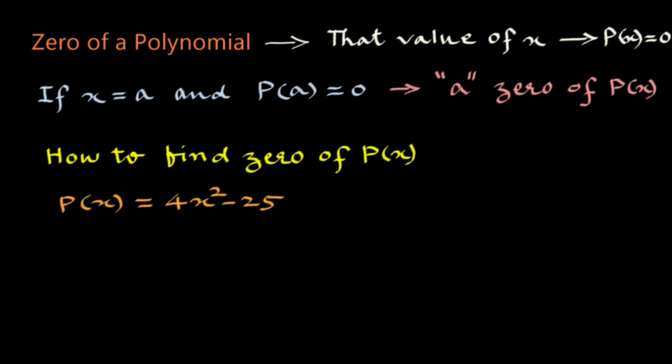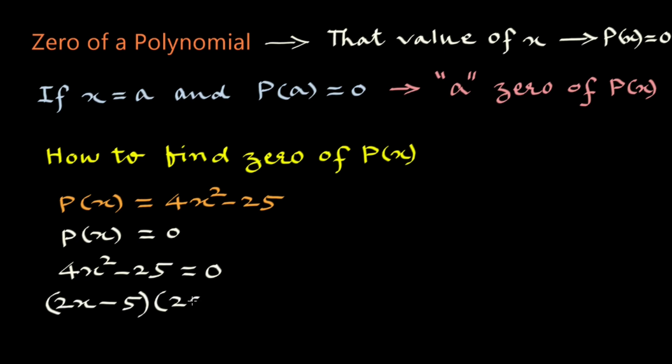For finding zero, we will put p(x) equals 0. That gives 4x square minus 25 equals 0. Factoring, 2x minus 5 into 2x plus 5 equals 0, giving us x equals 5 upon 2 or x equals minus 5 upon 2.